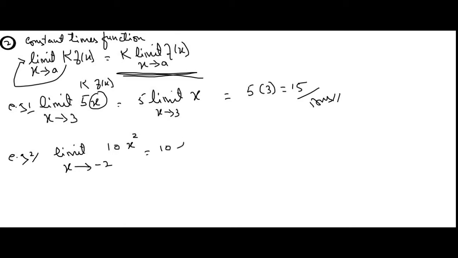So 10 limit x approaches to minus 2 of x square. 10 times minus 2 square is 10 multiplied by 4, which is 40. This is your answer.